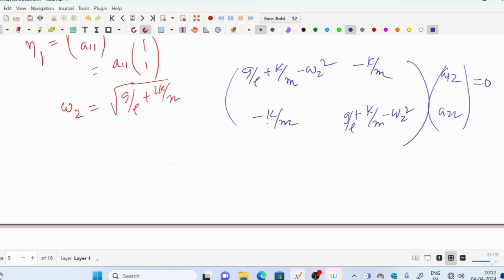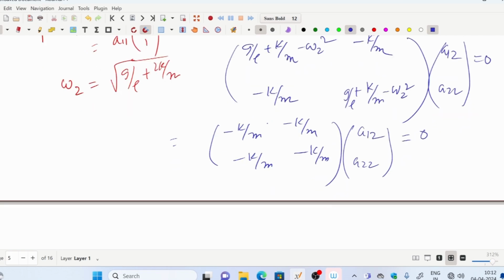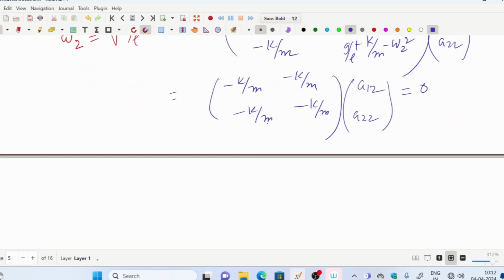Substituting omega 2, you will get minus k by m, minus k by m, and so on. If you solve this, you will get a12 equal to minus a22. So the eigenvector eta 2 is a12 times (1, -1).